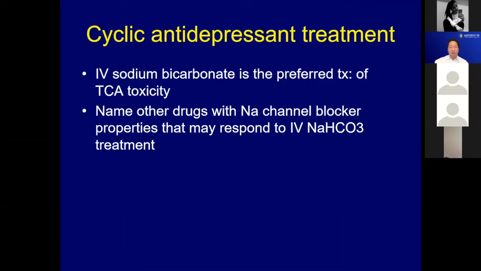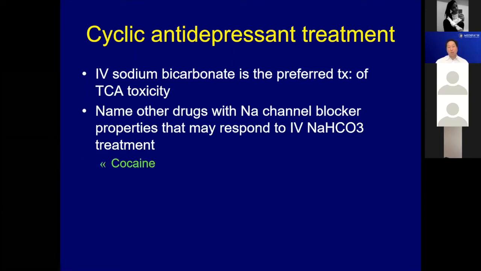So we usually give sodium bicarb for this. Sodium bicarb works by basically antagonizing the effect on the sodium channel. You basically open up the channel. Also, if you alkalinize the blood, you're actually increasing the susceptibility of the channel to open up. So it works both ways, by alkalinizing the blood as well as giving the extra sodium.